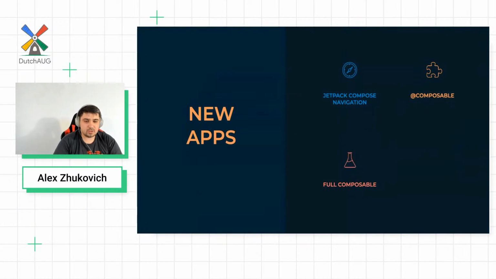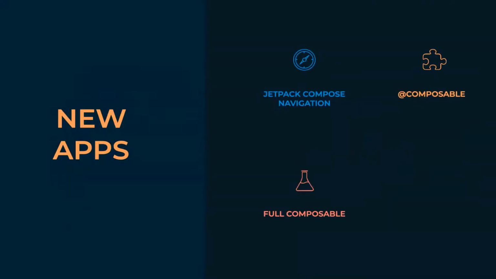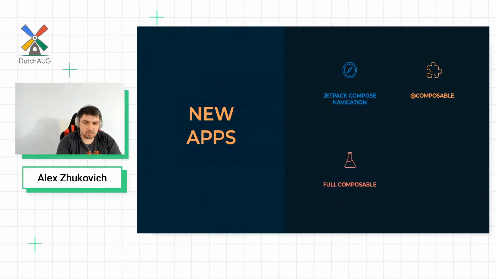If we are lucky enough to start a new application, of course we can write everything in Compose except the Android manifest, maybe some resources, and of course the activity, because the activity is still the entry point to our application.